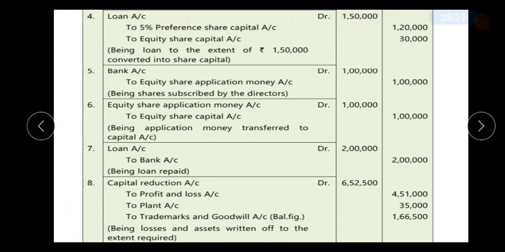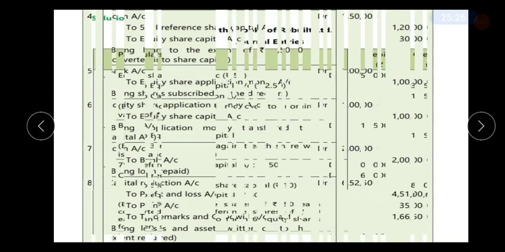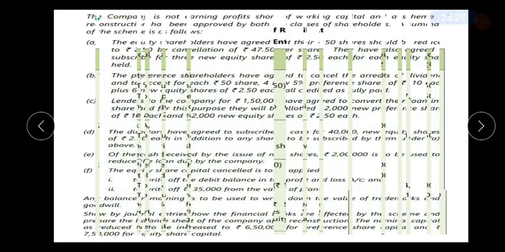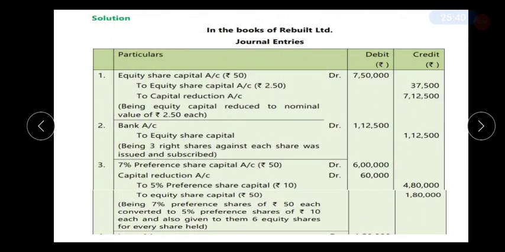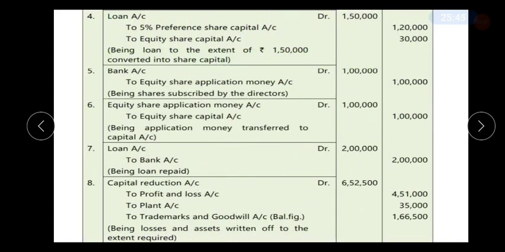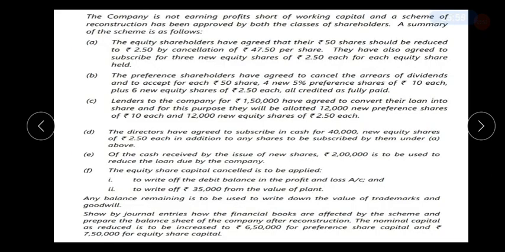Next, if you look at the scheme, the directors have subscribed rupees 40,000 worth of cash. So they subscribed equity shares of rupees 2.50 each. They subscribed 40,000 equity shares.